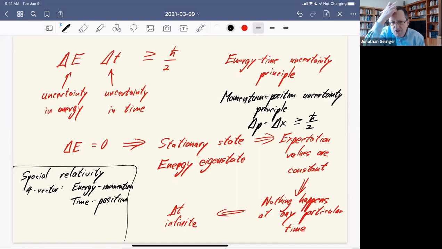Based on thinking about these 4 vectors, you would say, oh, well, if there's a relationship between momentum and position, it stands to reason there should be a relationship between energy and time. That sounds reasonable, and it makes us feel as if we're doing relativity. But oddly, we're not doing relativity.